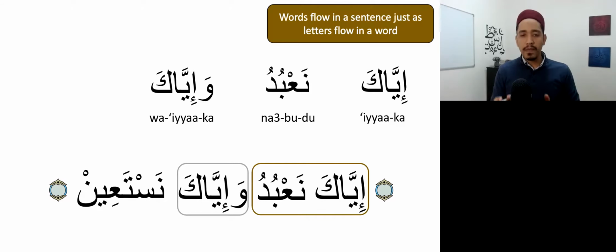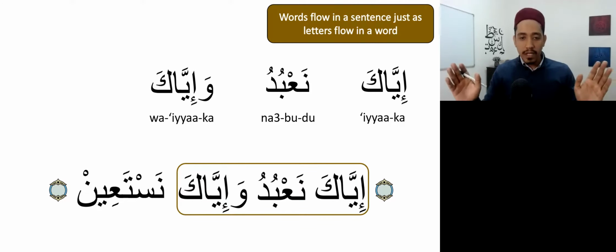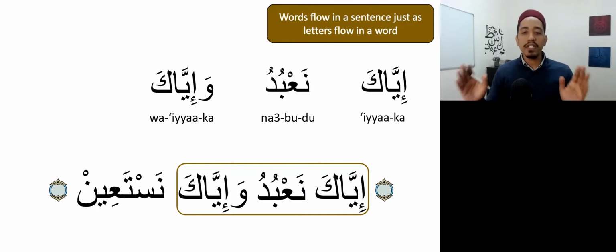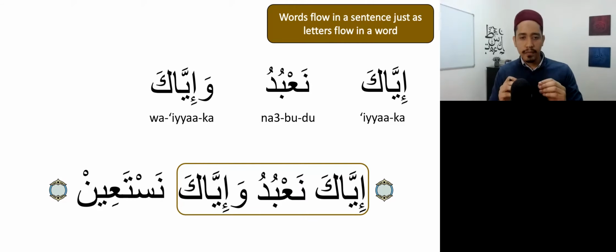Once we have that, we want to join that word to the previous words. So we're going to read iyyaka na'budu wa iyyaka, as if it is one single word. So the barriers between them become removed, and it's as if it is one big word. And that is how Arabic is read and is spoken as well, or should be spoken.